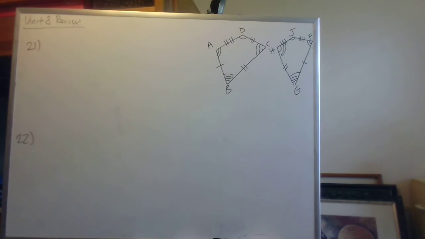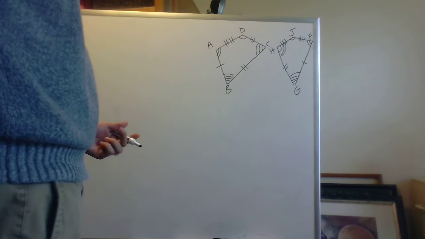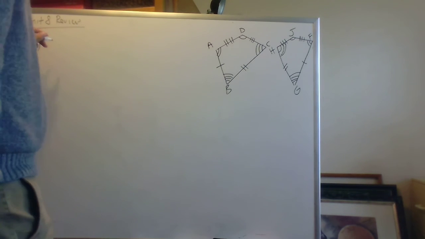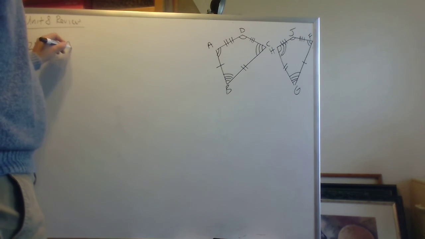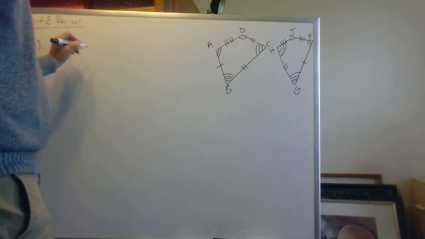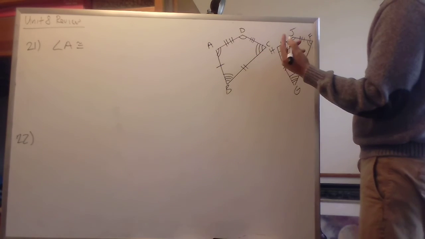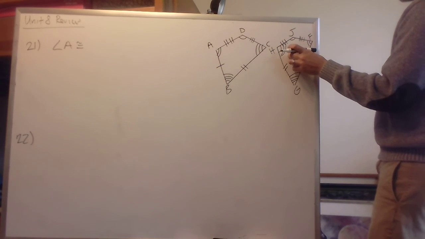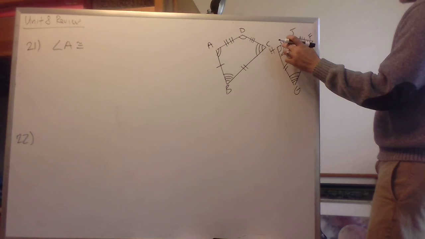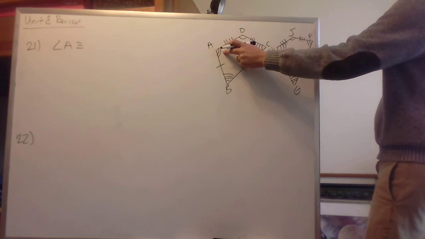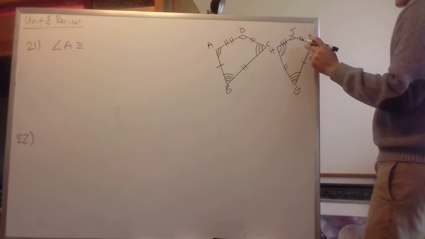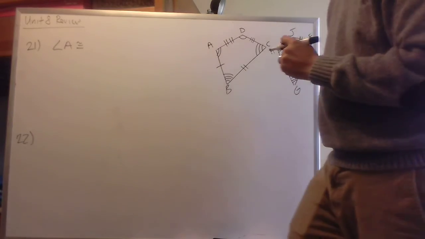So if we look, we're just going to do matching now. Essentially, we're going to say angle A is congruent to, well, angle A has 2 of these angle marks. So we're going to move over to the other quadrilateral and look to see which angle has the corresponding 2 angle marks, and that's F. F has 2.